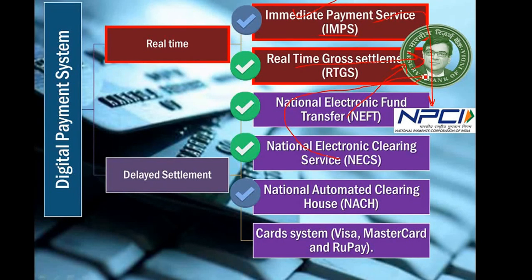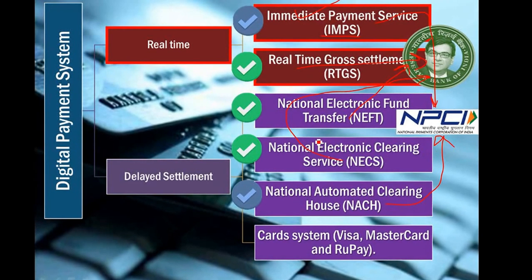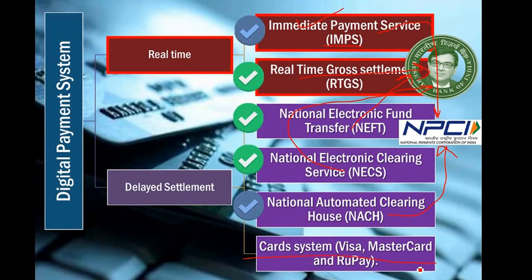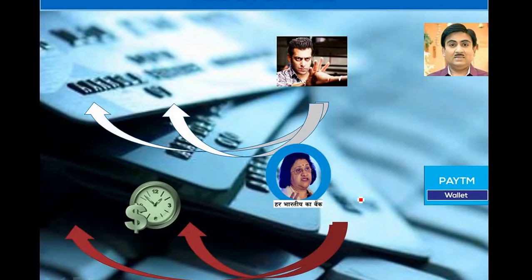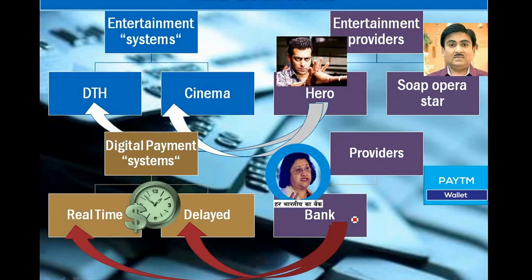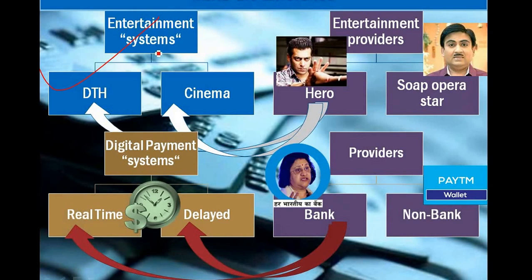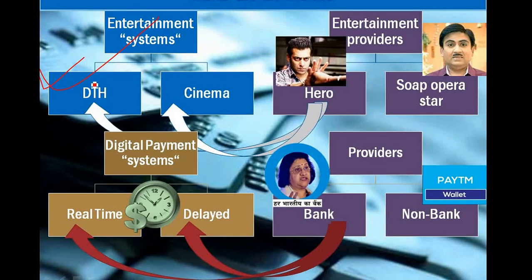In this settlement system, if we see IMPS, it is developed by the NPCI, and RTGS is developed by RBI, and NEFT is developed by RBI, and National Electronic Clearing Service NECS is developed by the RBI, whereas the NACH system is developed by the National Payment Corporation of India, and we have various card systems.